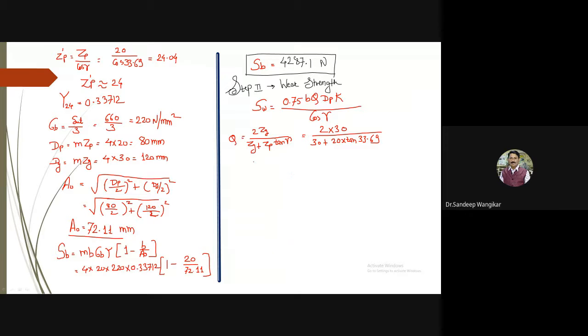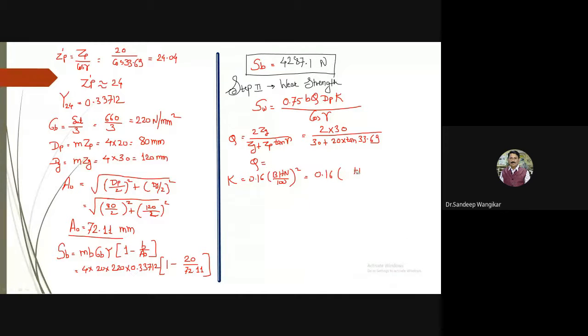Okay, friends, tell me the value for Q. Similarly, K is equal to 0.16 (BHN by 100) square. So I will substitute here the value for BHN.